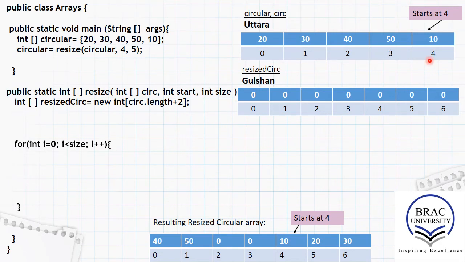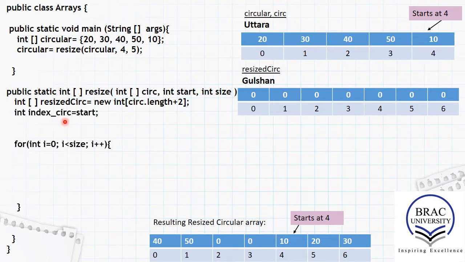For this circular array, when the index is incremented by 1, I should mod it by this length, because when it becomes 5, it should wrap around to 0. However, for this array, if it starts at 4 and I increase it to 5, should I mod it? I shouldn't, right? Because I should mod it when it becomes 7. So since I have 2 different circular arrays of 2 different lengths, I should maintain 2 different index variables. One index variable will be used to control this array, and another variable will be used to control this array.